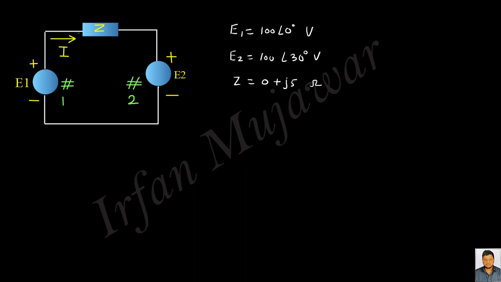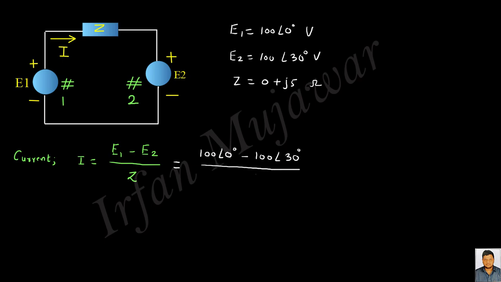First step, we need to calculate the current. By Ohm's law, what will be this current I? It will be the higher potential assumed, that is E1, minus the lower potential, that is E2, divided by impedance Z. If I put the values, E1 is 100 at an angle of 0 degrees minus E2, which is 100 at an angle of 30 degrees, divided by the impedance, that is 0 plus J5.